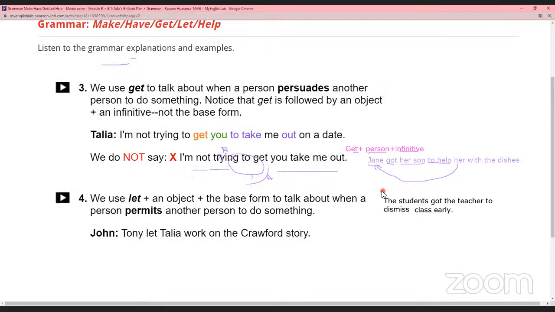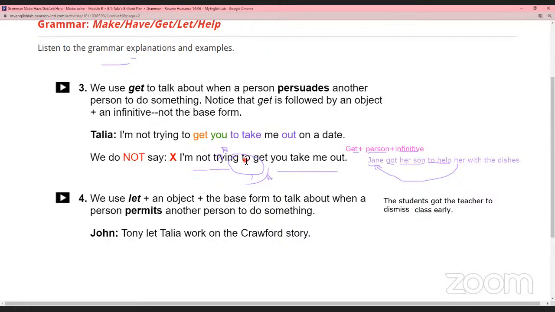But Miss, is it possible to use get plus an object, right? Jane got me to help her with the dishes, right? Yes, for sure you can do it. Or if you prefer, you can use a noun. There is no problem with it. Other causative verbs are really close to objects, right? If you want, you can also use a noun. It's up to you. Both are okay.